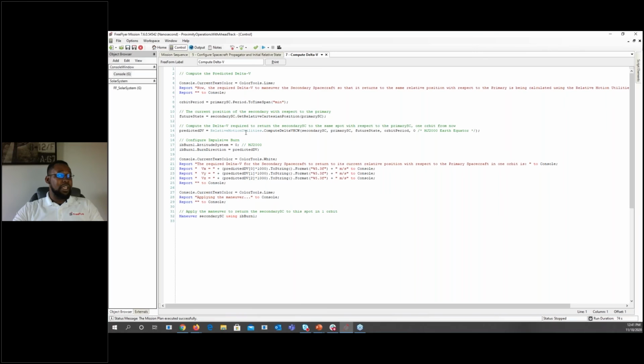And that's being done again with this relative motion utilities object, where we're computing the delta V using those HCW equations of motion, and we're setting a future state that we want to reach, and that is then giving us this predicted delta V. Once we get that predicted delta V, we can just input that using an impulse burn, which is what has been done here. We can see that the burn direction is just being set directly from this array, and then we maneuver our secondary spacecraft to enter us into that relative motion orbit.